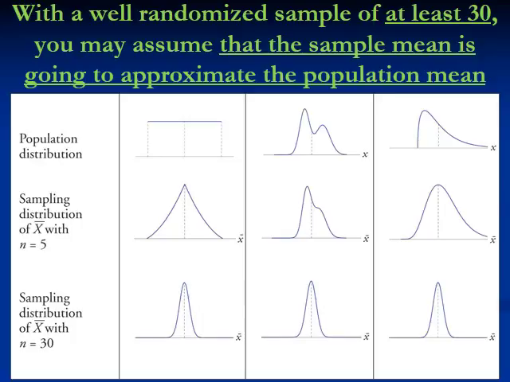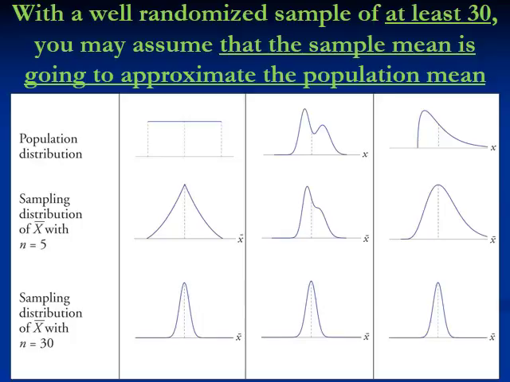And if you read about the central limit theorem, one thing you're going to see is this number 30. This number 30 keeps showing up. See it down here on the slide. Basically, as we saw outlined in Statistics Without Tears, if you have a very well randomized sample of at least 30, you can do all these statistical calculations by starting with a very important assumption, and that assumption is that your sample mean is going to approximate your population mean.